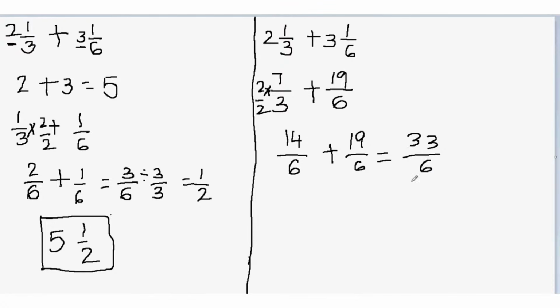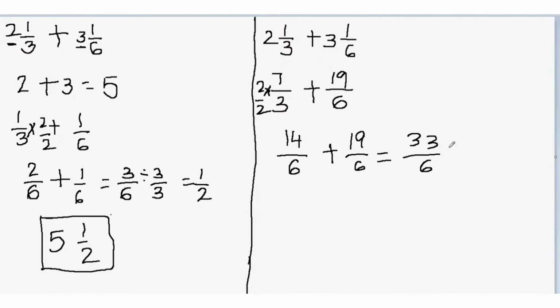Now you see that this fraction is not in the simplest form. So we can try to reduce this fraction into simplest form. So we're going to divide 33 and 6 by a number which is divisible by both. Let's begin with 2. Now, 33 is not divisible by 2, even though 6 is. We can't take it because the same number has to be divisible by both.